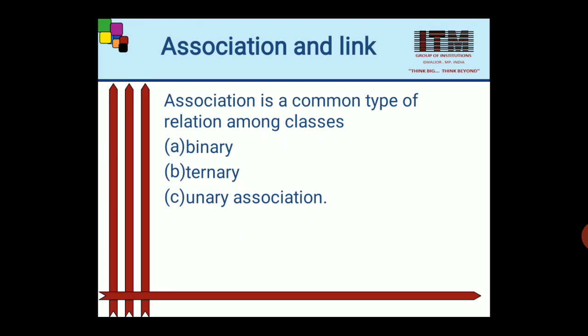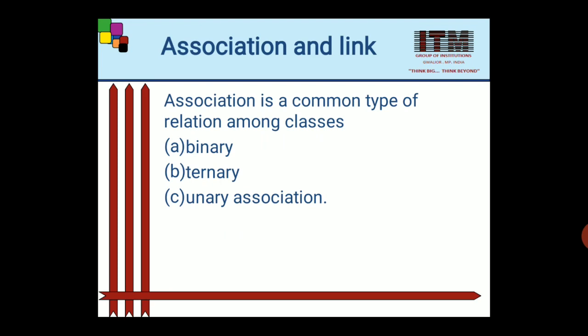Here an association exists among the classes person, tickets, and show. This is an example of a ternary association relationship.